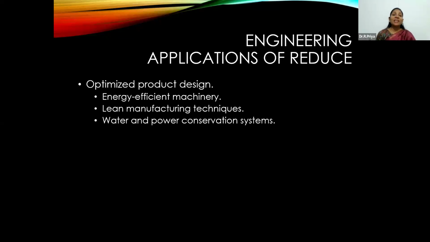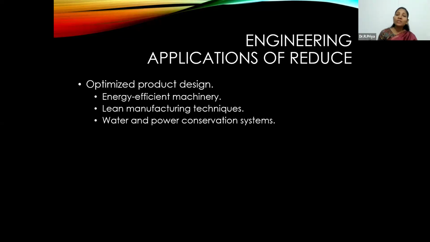So finally, the water and power conservation systems are widely used in engineering industries. To reduce the resource wastage, systems like rain water harvesting, waste water recycling, low flow water fixtures, solar power systems and energy monitoring systems help the industries use water and electricity more efficiently.